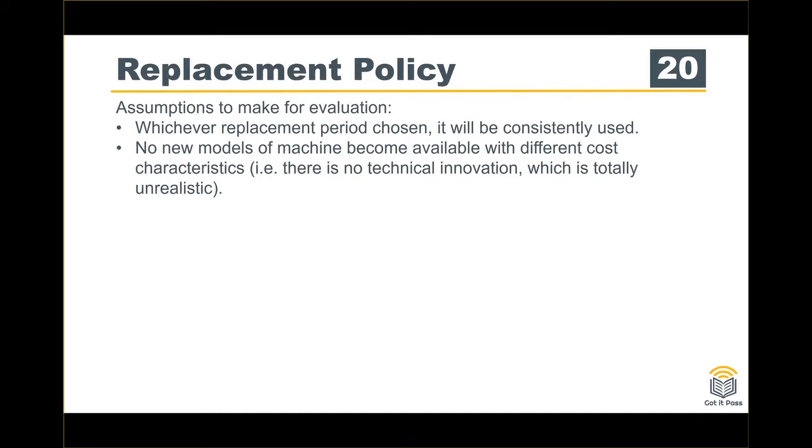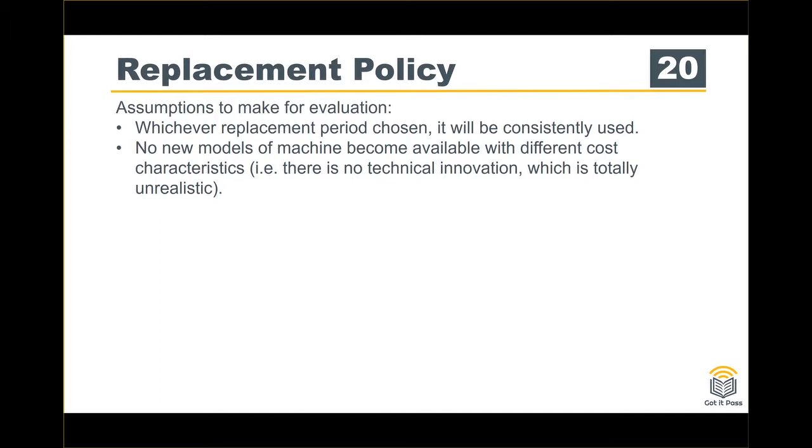So next, no new models of machine become available with different cost characteristics. There's no technical innovation, which is totally unrealistic. Under this asset replacement topic by ACCA, the second assumption is quite different. Right now, within a year, the technology can advance to another level instead of staying where it was 6 months before.